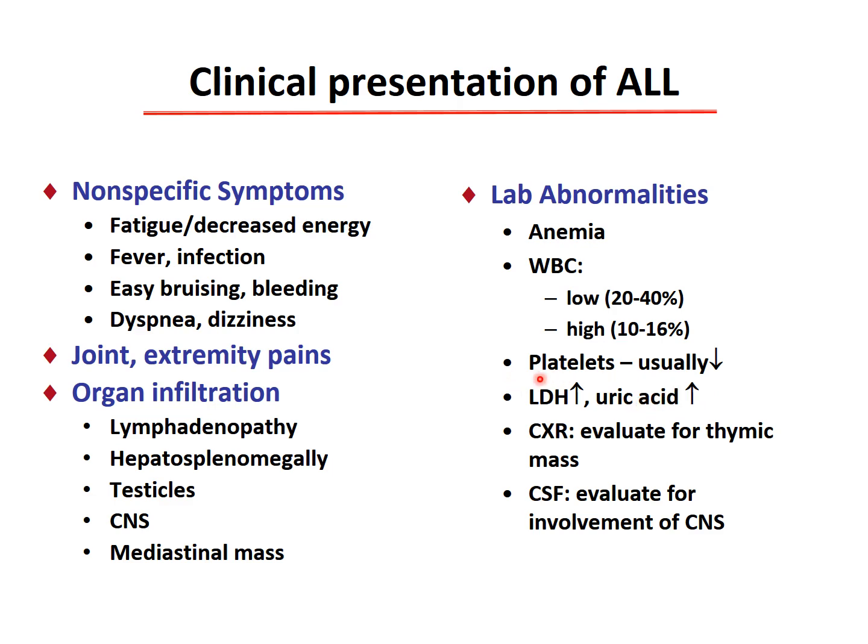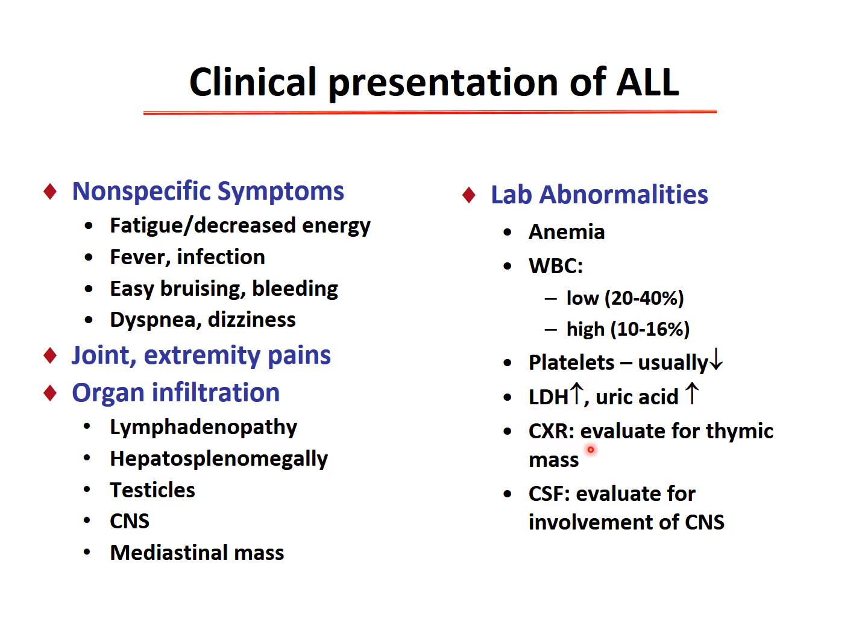That's partially due to the increased turnover of the cells, the increased catabolic rate, plus hemolysis or alteration of other systems, for example the liver or red blood cells, that can give you increased LDH activity. And for uric acid, the purine metabolism is going to be increased. This is why the uric acid level mostly increases in any kind of acute leukemia.